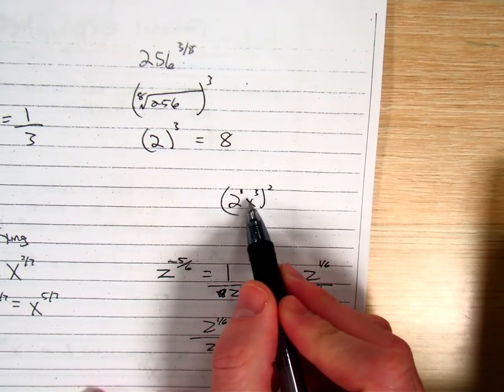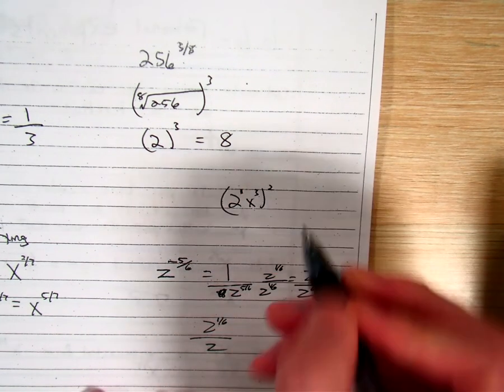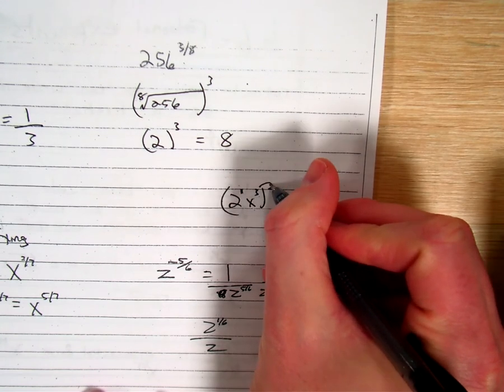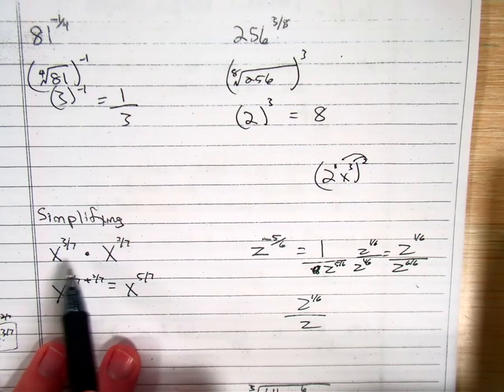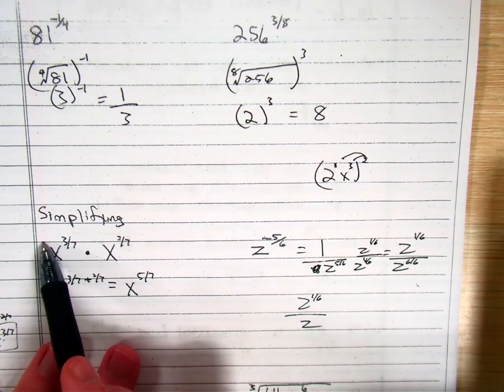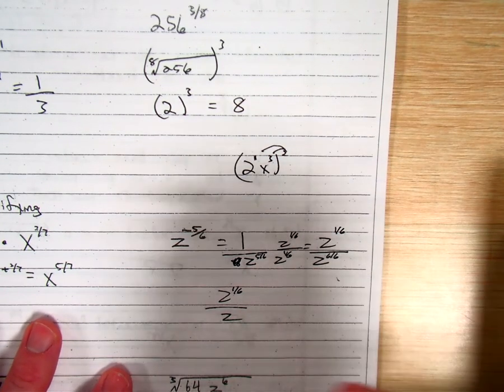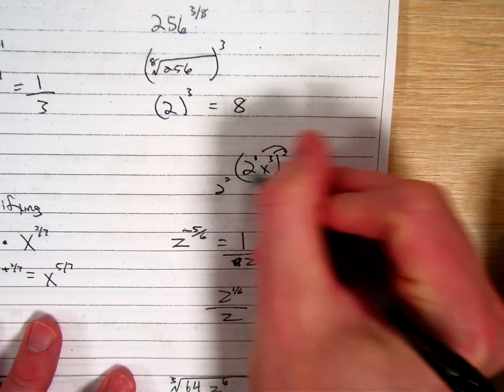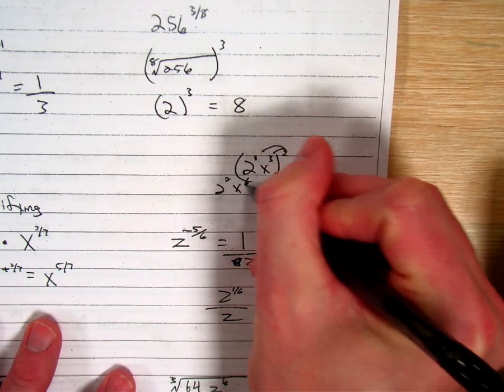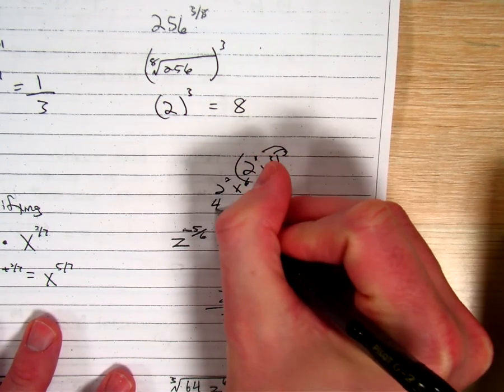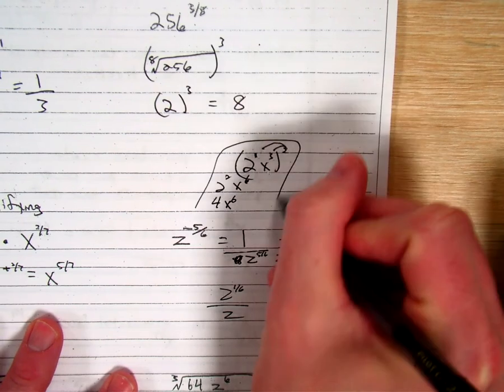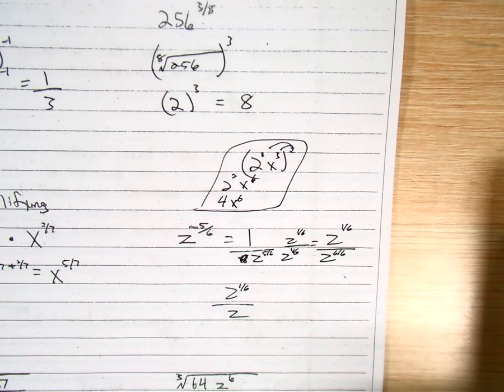And if you have parentheses with an exponent raised to another exponent, we get to multiply. When you were multiplying two things, we added the exponents. If you have exponents raised to another exponent, then we multiply the exponents. So this is going to be 2 squared and x to the 6th, which would be 4x to the 6th. Little bonus problem in there.